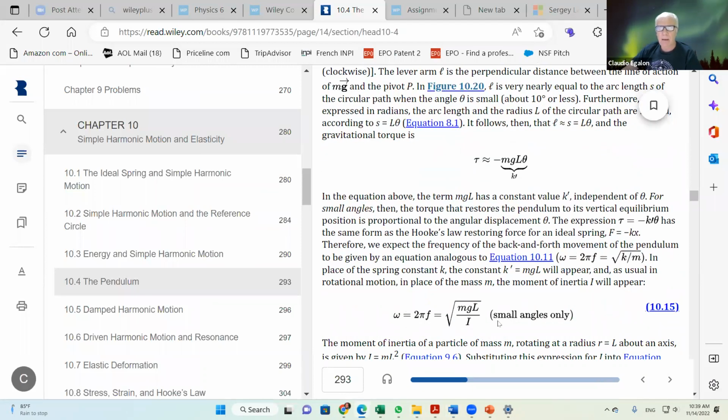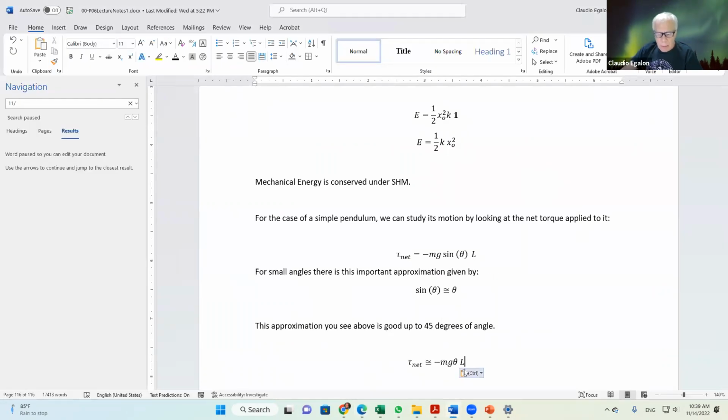What else do you have here? What you see right in here can be written here. I'm going to put the theta right in here. That's better.